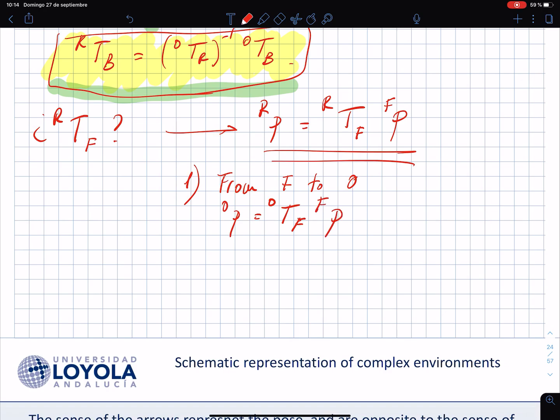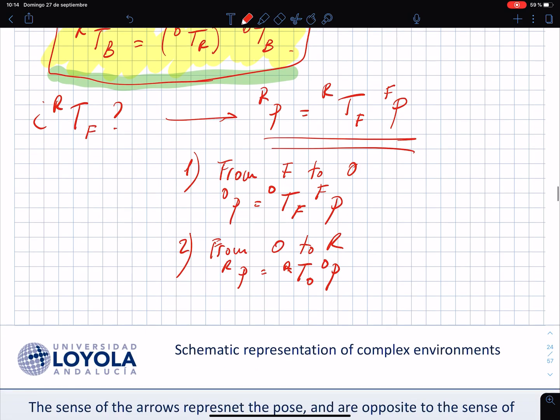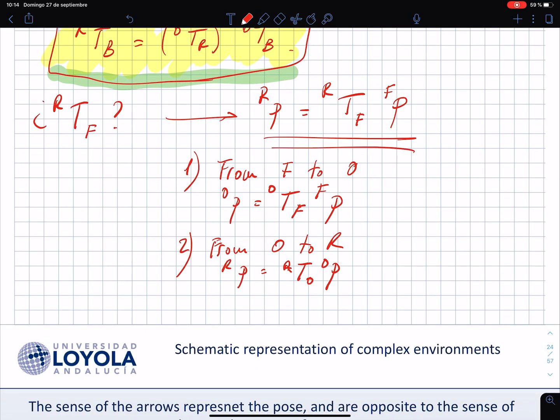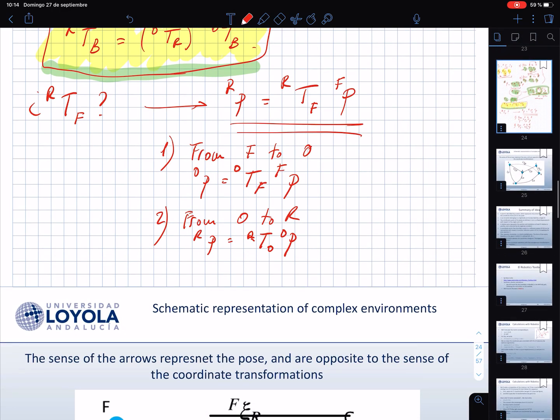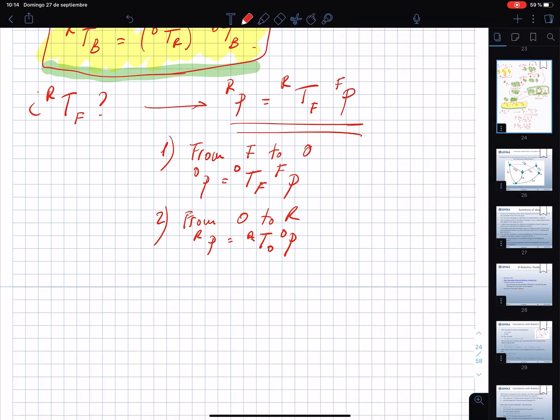And then second step from 0 to R, which would mean PR equals RT0 P0. So now we have the following. Okay, I need an extra page.